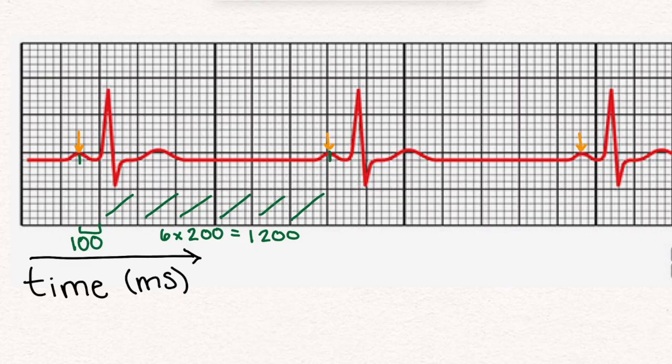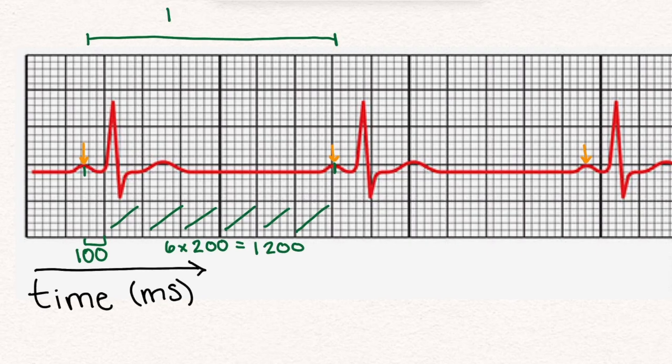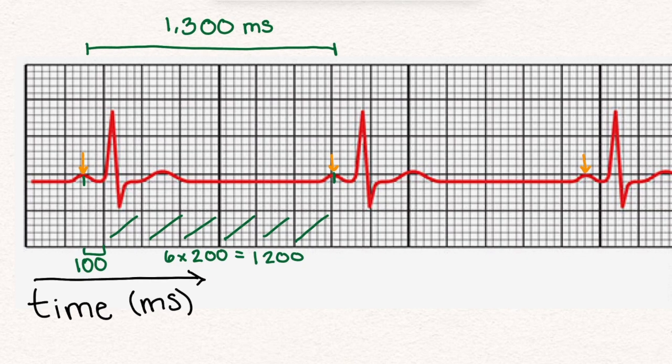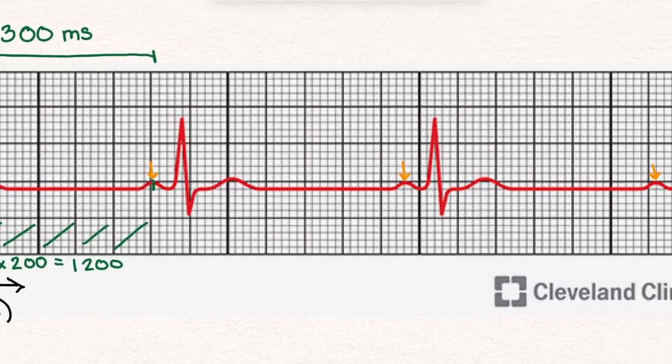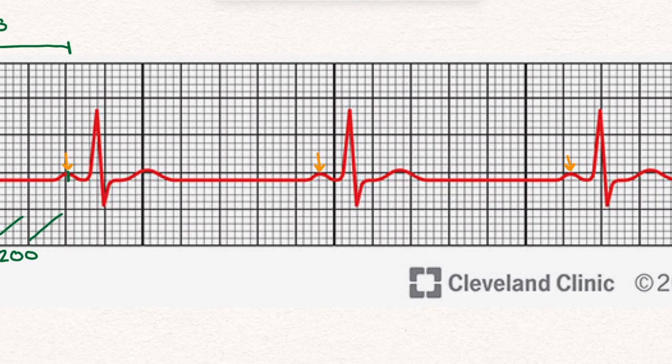So I stop counting boxes and add up my total time. Once I do this, I have this distance calculated, and I have said, with my estimation, that it is 1,300 milliseconds.